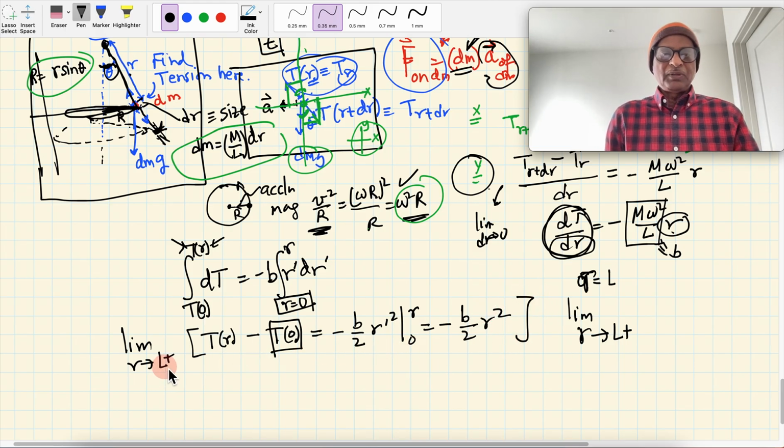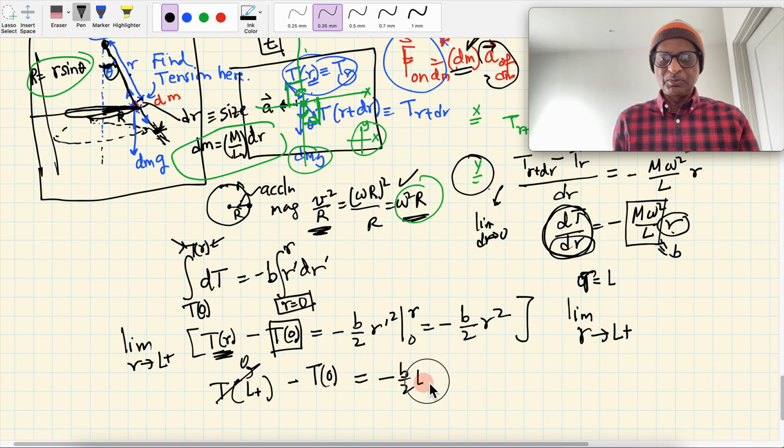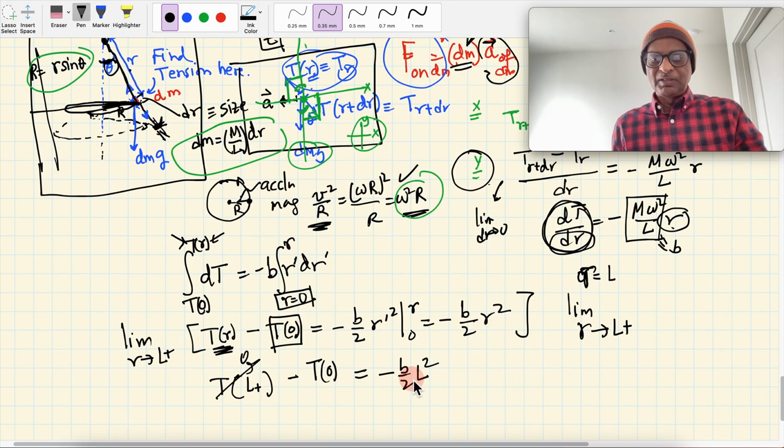Well, when we go L plus, there's no rope there, so no tension, right? So this is going to be T at L plus, which is 0, and this has no r there, so T at 0, and this is going to be minus b over 2 L squared.